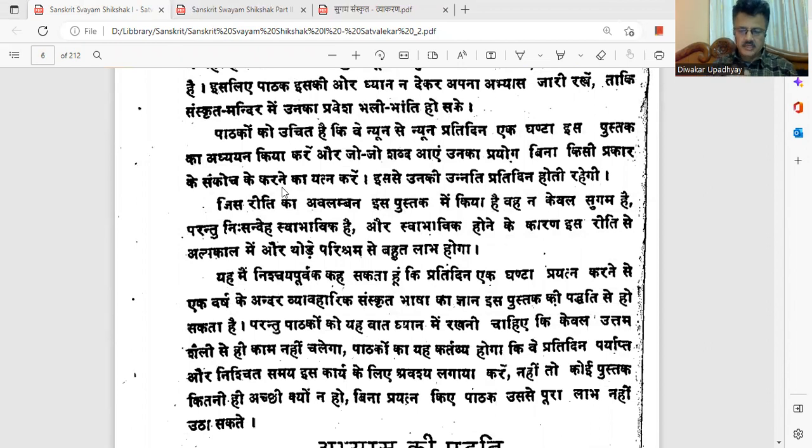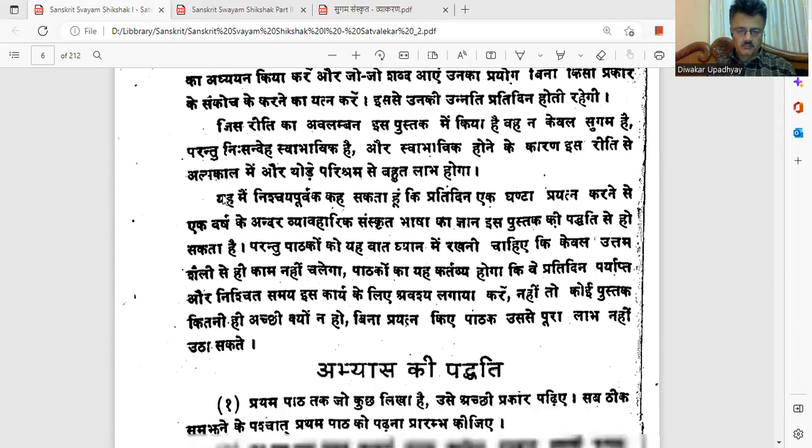As the writer is telling us here, we should spare at least 1 hour every day for practicing the exercises in this book, and we should gradually accumulate the Sanskrit vocabulary and keep learning.